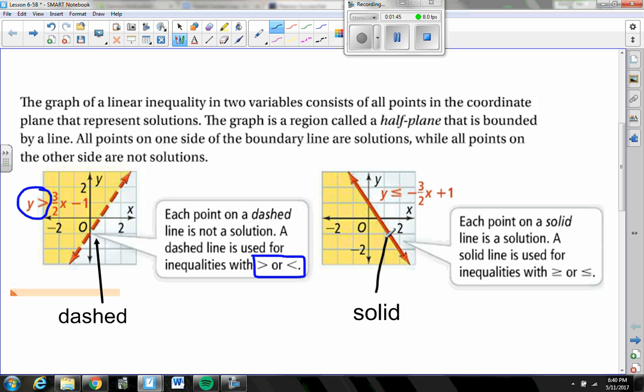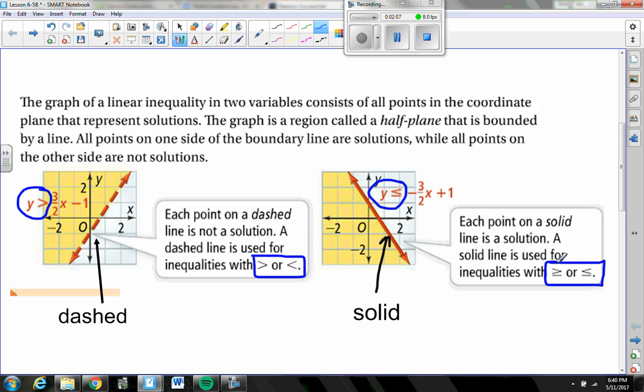This other line is solid because this inequality has the equal to line. It says either greater than or equal to or less than or equal to. So there's a very key difference between a greater than or equal to inequality and just a greater than inequality. Hopefully that distinction makes sense, and you'll see an example in just a second.